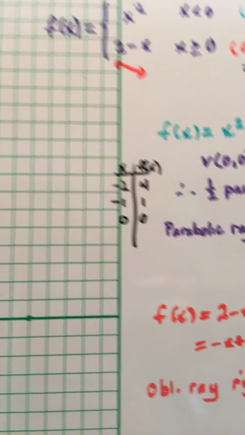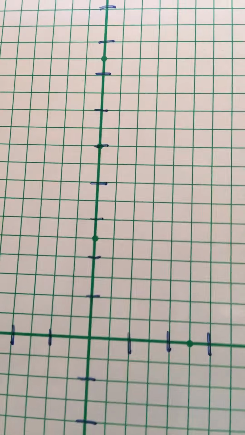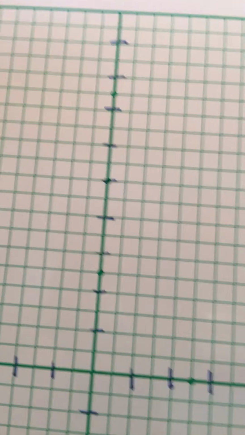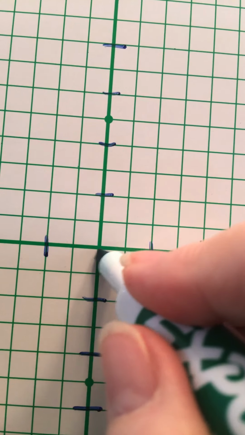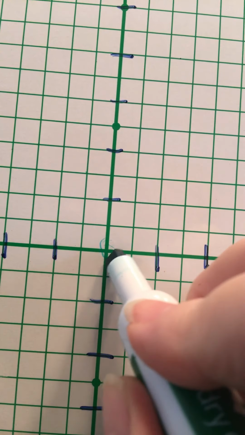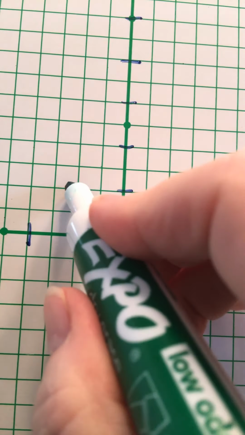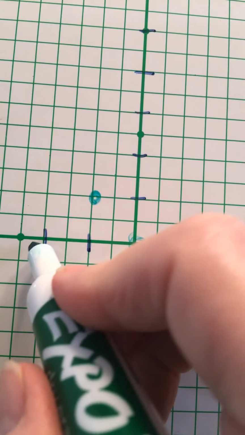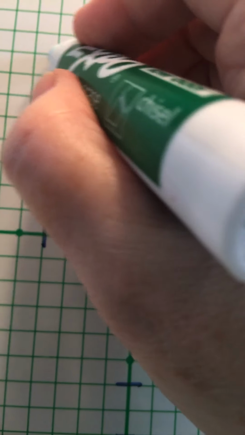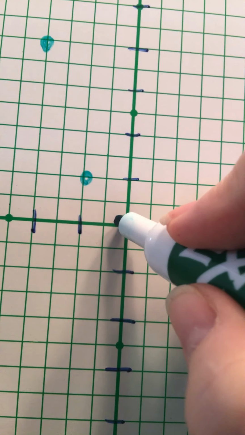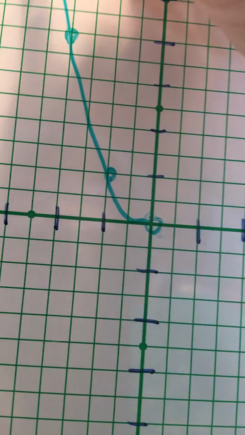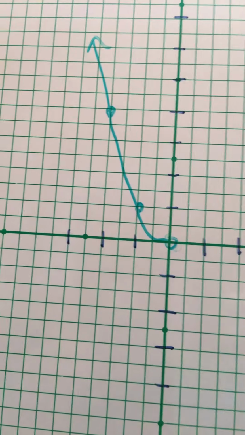But I'm going to put an open circle at 0, 0 when I get my marker here. And so I have 0, 0. There it is. It's open. And so left 1 up 1, left 2 up 4. There's my parabola.